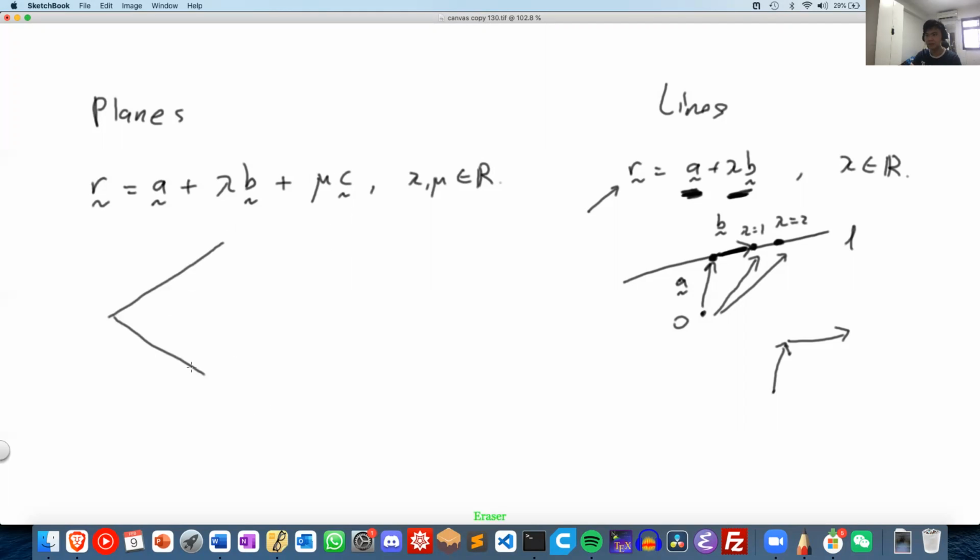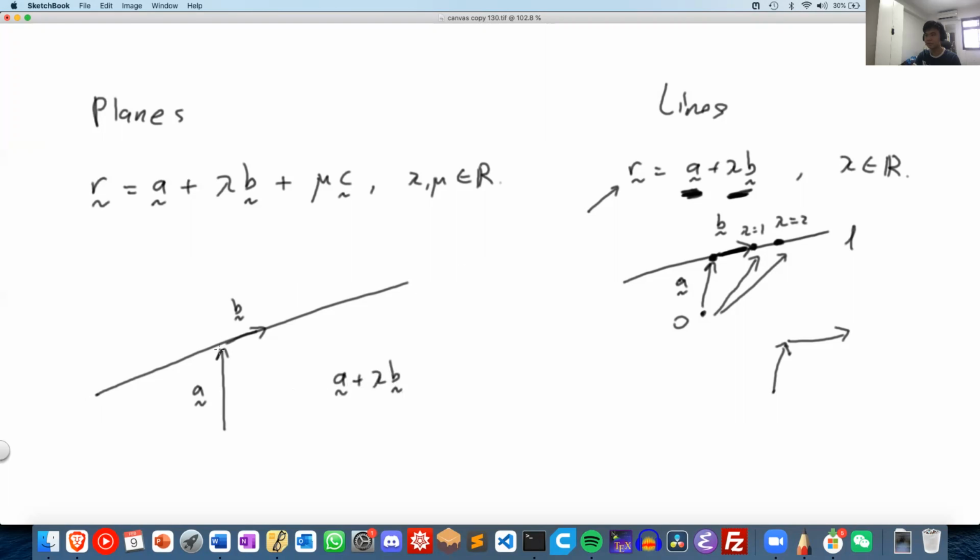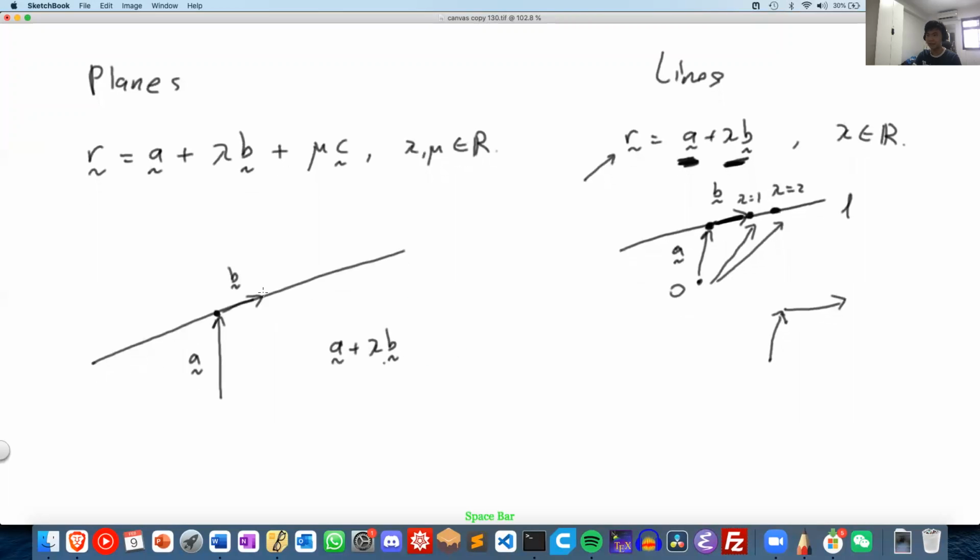Okay. So the way I like to illustrate this is by first drawing the line. So we are familiar with the line already, right? So we have A and then we have B like this. So right now we have A plus lambda B, right? So with the line, and now we allow another degree of freedom.